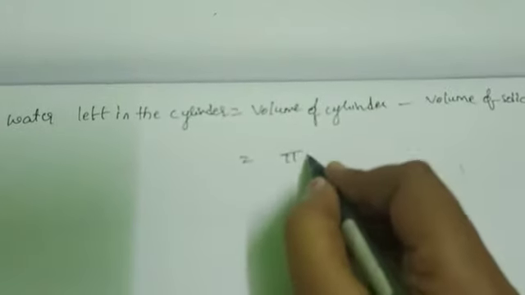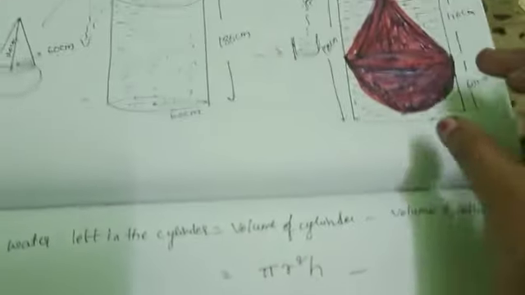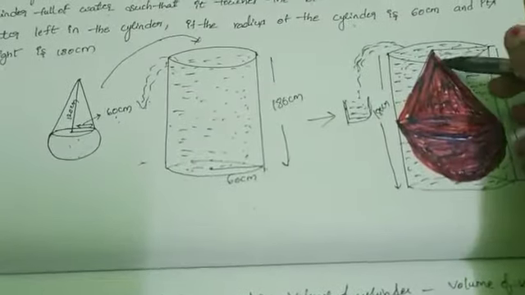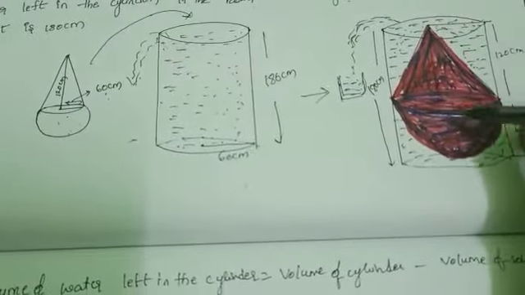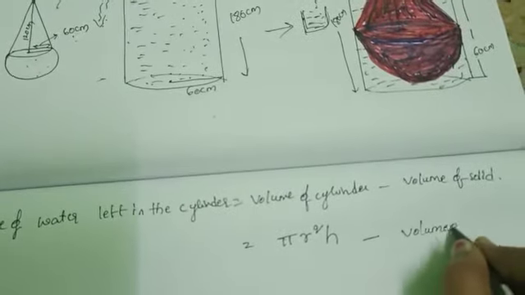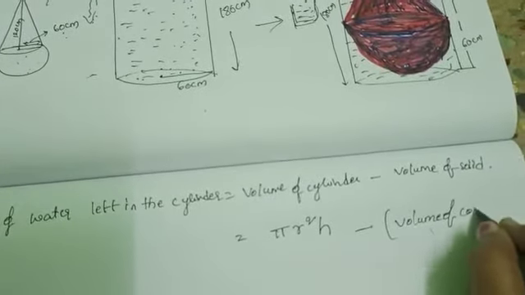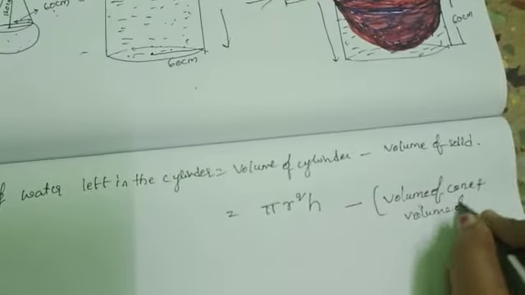Volume of cylinder is pi r square h and volume of solid. See this solid? This is volume of solid equal to volume of cone plus volume of hemisphere.